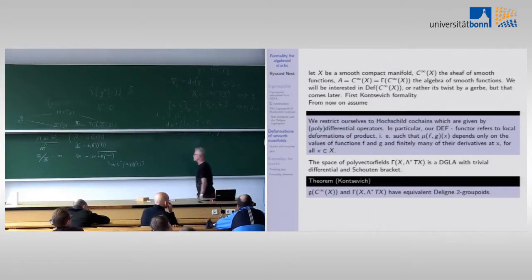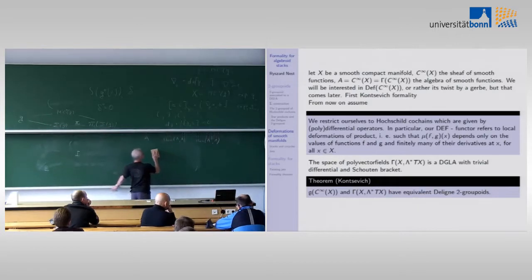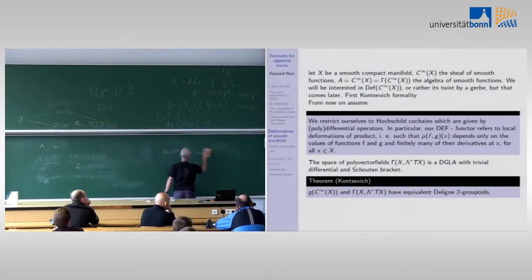So an example. I won't be able to go through all of it, but consider smooth manifolds. That's the insight of Kontsevich. We write down another two-groupoid.